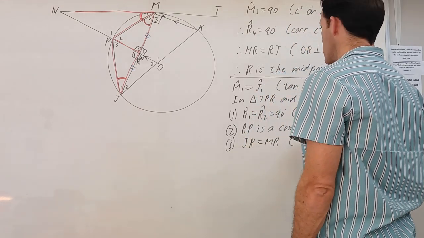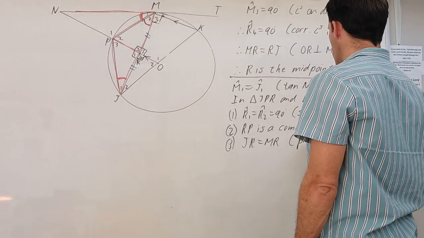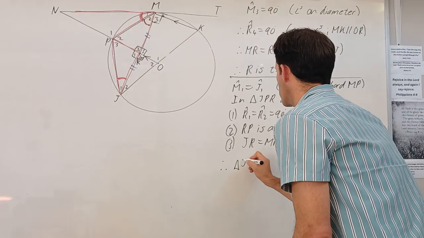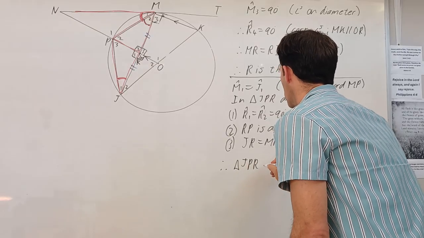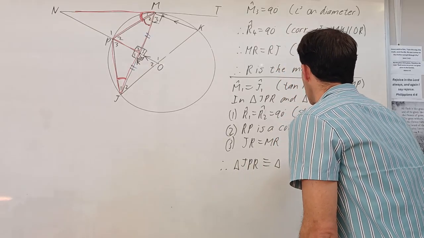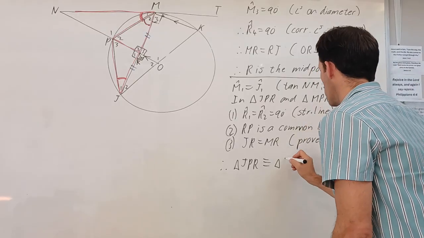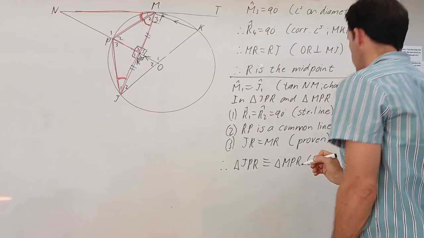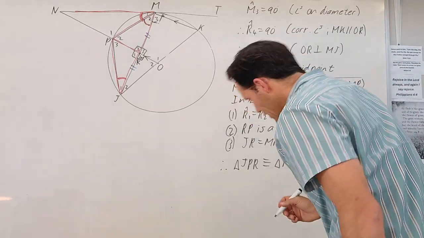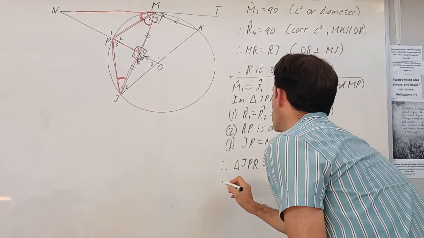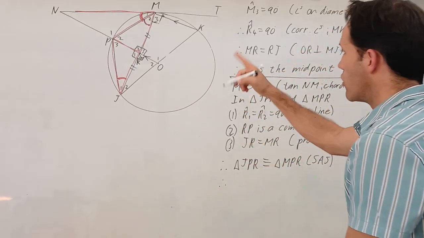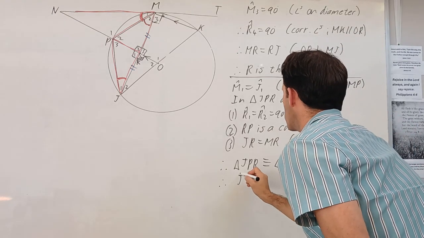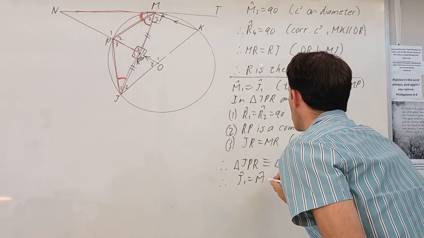Okay, that was proven. Therefore, triangle JPR is congruent to triangle MPR, side, angle, side. Okay, so the fact that they are congruent means we can then say therefore J1 is equal to M2.